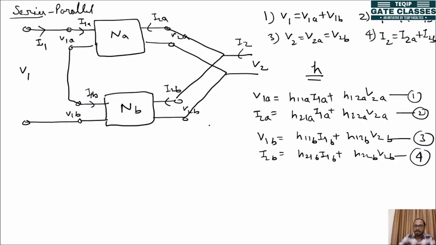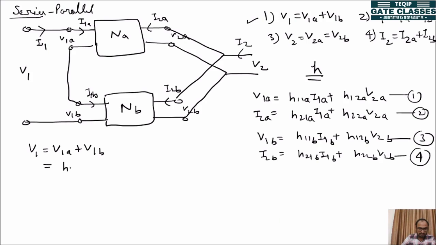Start from V1. V1 is equal to V1A plus V1B, from the first condition. Take V1A and V1B and add those two equations.